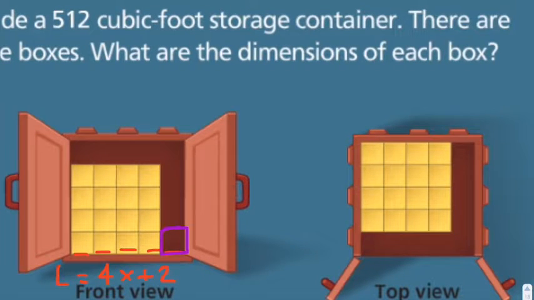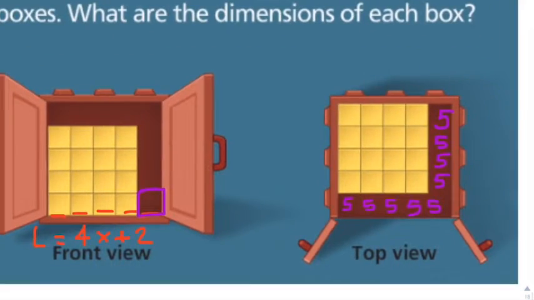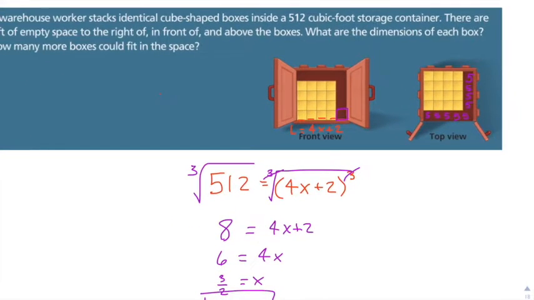If each one of these is 5 tall, you can take all of these and multiply 5 a bunch of times. So 5 times, I think that's 1, 2, 3, 4, 5, 6, 7, 8, 9. 5 times 9 gets us 45 extra boxes.